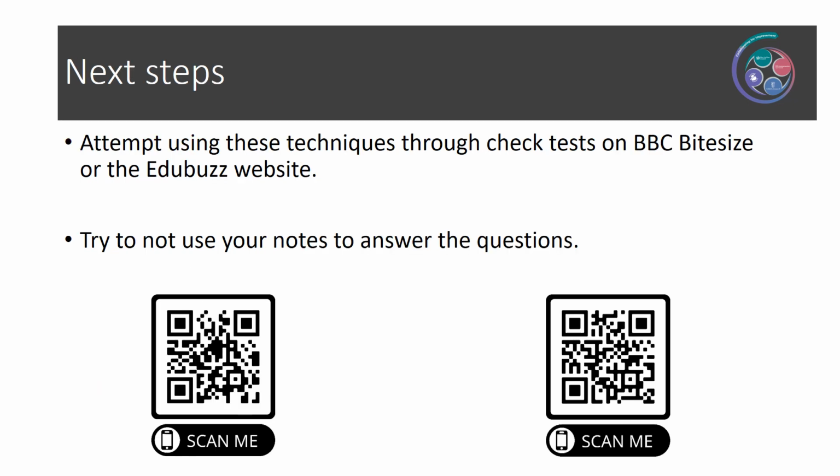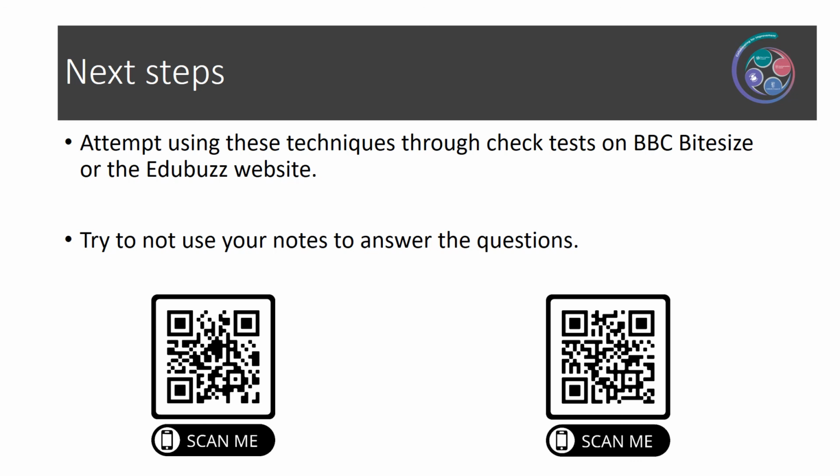So, some next steps for yourselves to have a go at. Try to attempt using these techniques through check tests on BBC Bitesize or the EduBuzz website. So I've put the QR codes for these 2 websites below. And these websites are quite useful because they contain all of the information that is in the course.